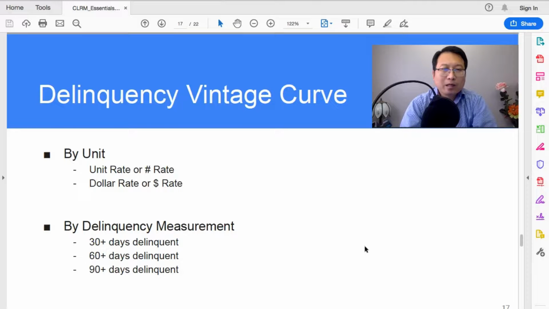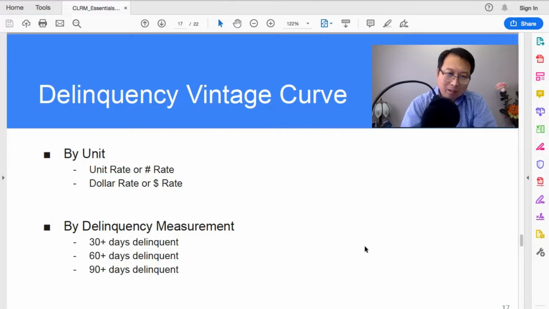Also, based on unit, we can have the delinquency vintage curve as either a unit rate curve or a dollar rate curve. The unit rate curve is calculated based on the number of accounts delinquent versus the number of accounts in the portfolio, just as what we did in the example in the previous slides.